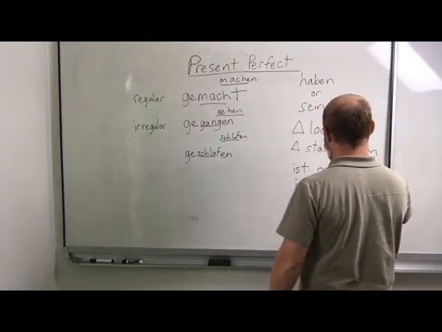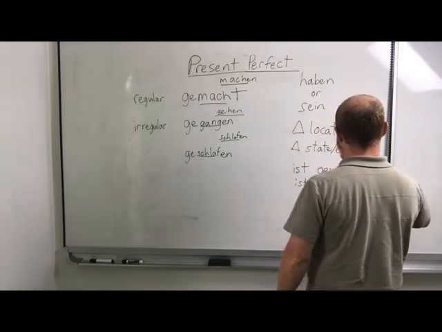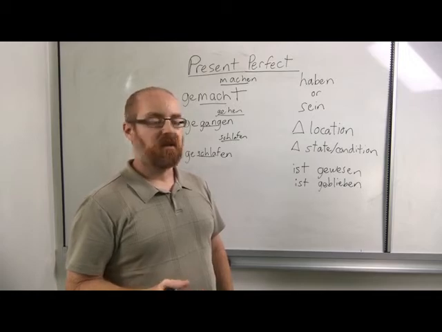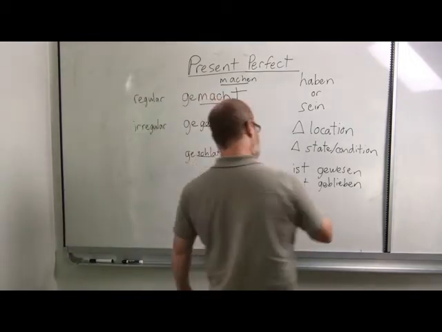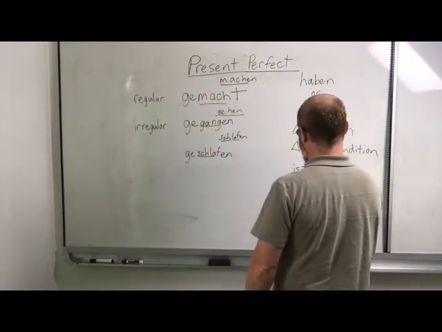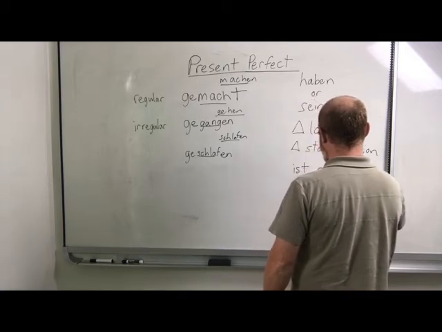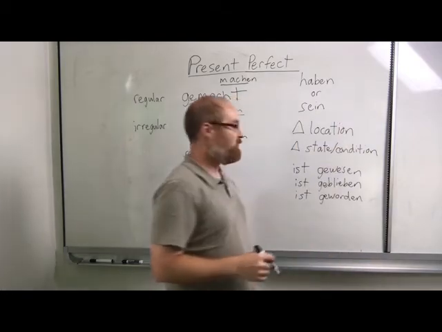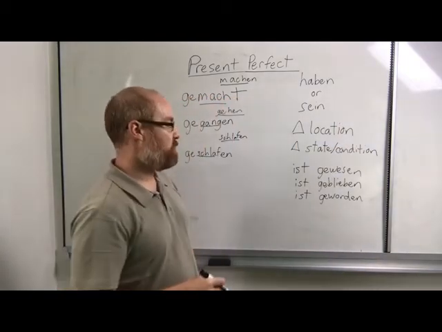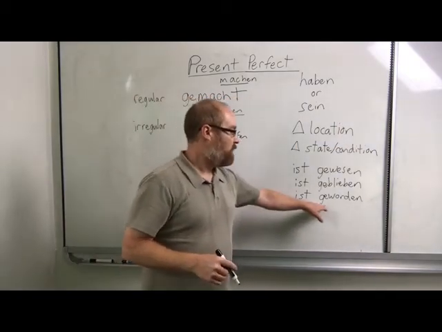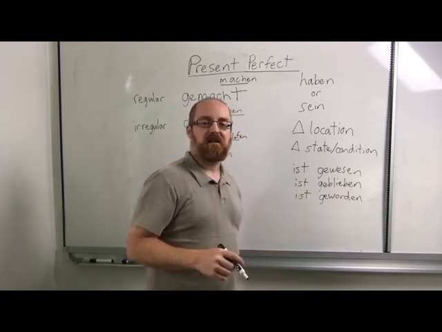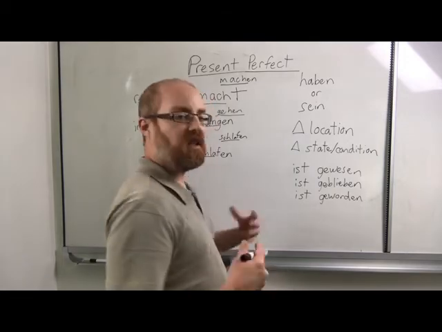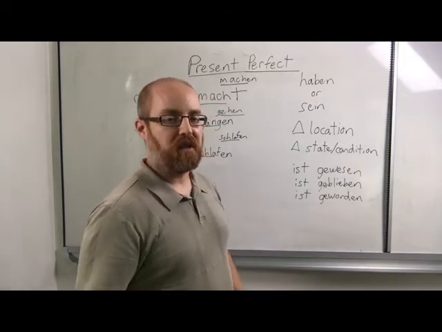Ist geblieben. Okay? And one last one, which may not be very intuitive, is werden. Werden becomes ist geworden in the present perfect, because becoming is showing some kind of change of state. So you get older. Ich bin älter geworden.